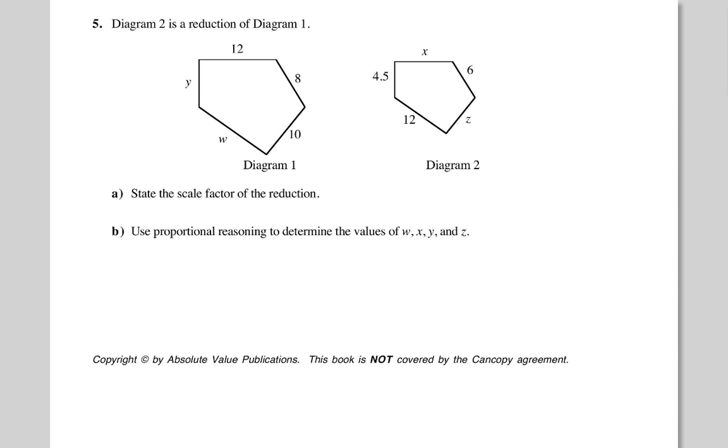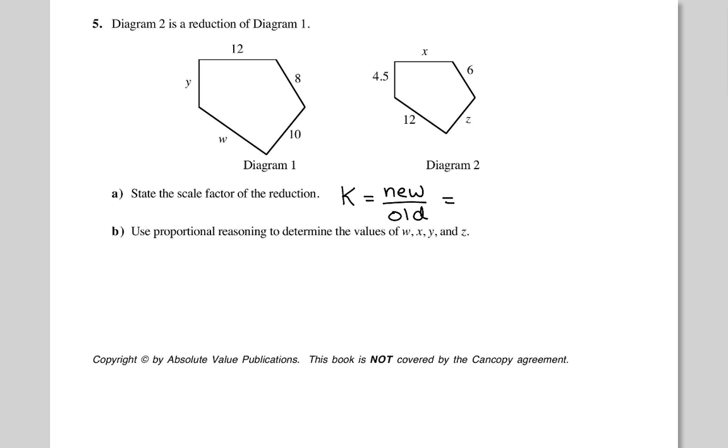Okay, diagram 2 is a reduction of diagram 1. Do you agree? Okay, state the scale factor. So if I want the scale factor, that means I'm solving for k, and I have to do a new divided by old, or a model divided by original. I just like new and old. It's so easy.